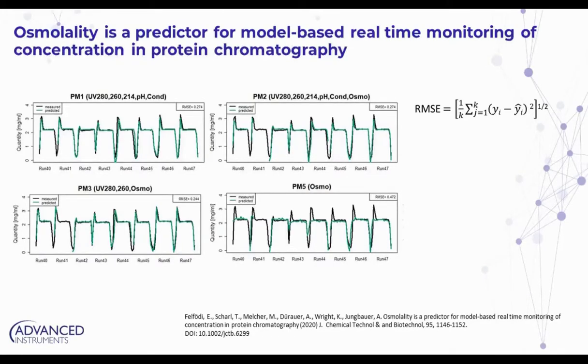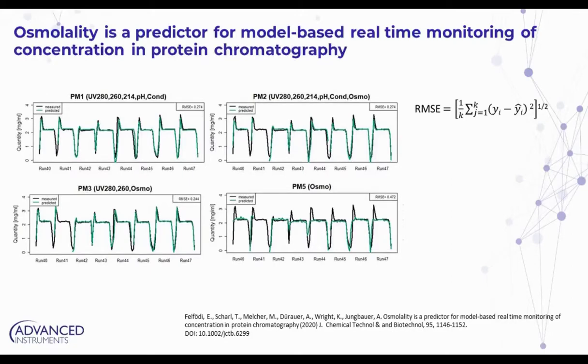captures much faster all the transitions in the composition of the process fluid. So you see here, I already mentioned, we published this this year in the Journal of Chemical Technology and Biotechnology.